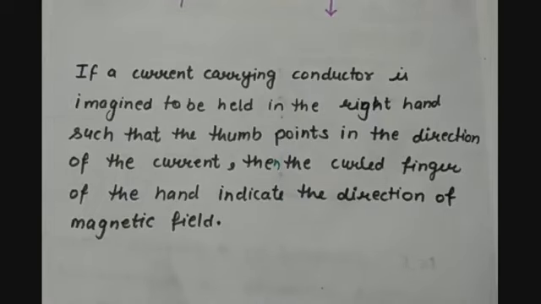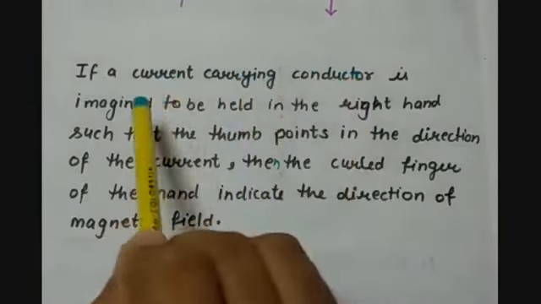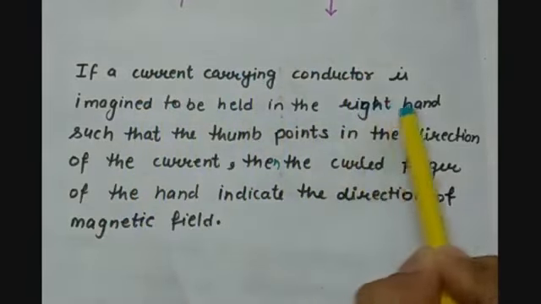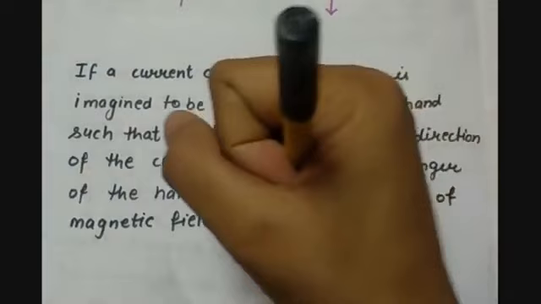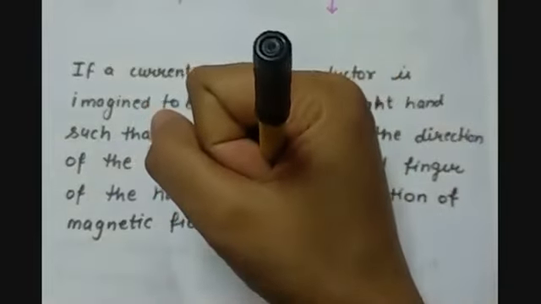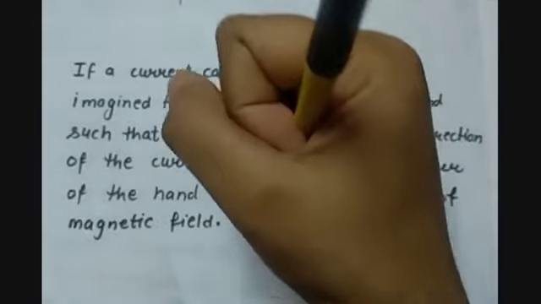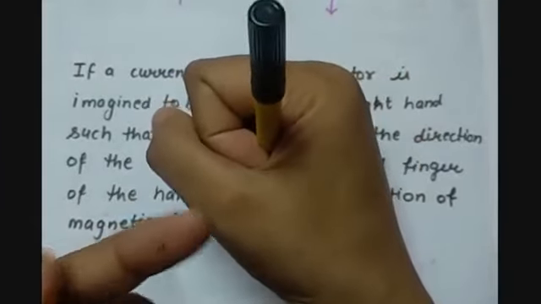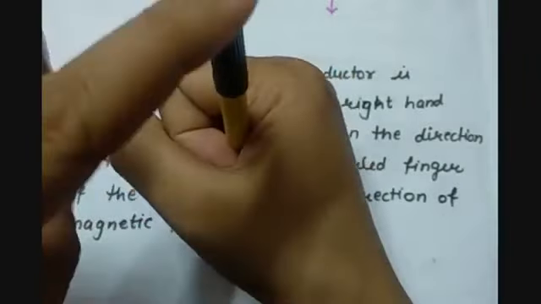So how can we say so? This law says that the current carrying conductor is imagined to be held in the right hand such that, I have that conductor in my right hand like this, and the current is passing in this direction.